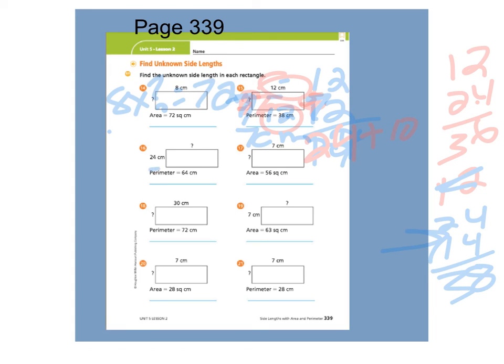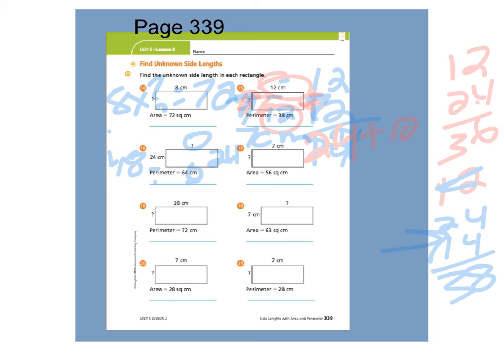So this one, another perimeter one, I peeked ahead. So if this side is 24, this side is also 24. So what I know is that I have 48, because 24 plus 24 is 48. So I have to figure out these two sides for perimeter. Now these two sides added to 48 are going to be 64.